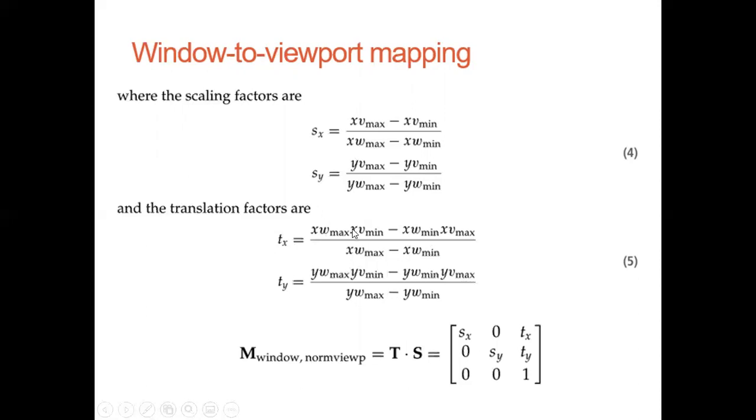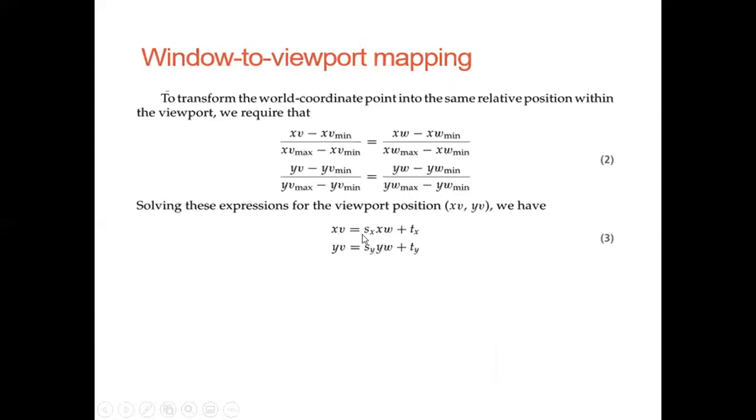Once you get this, for these variables you replace them by tx, and this variable you replace with sx. Then finally you get xv equal to sx into xw plus tx, and in the same way yv equals sy into yw plus ty. How did we get these two?